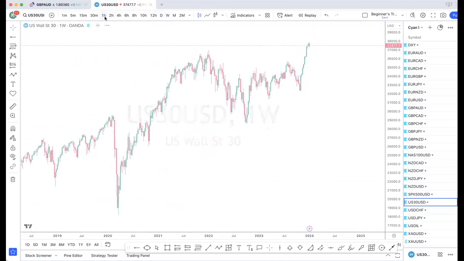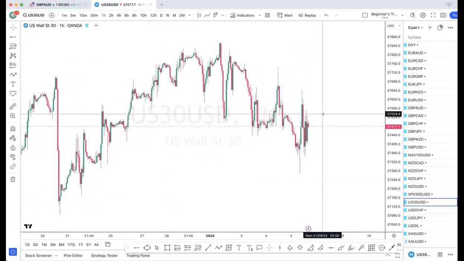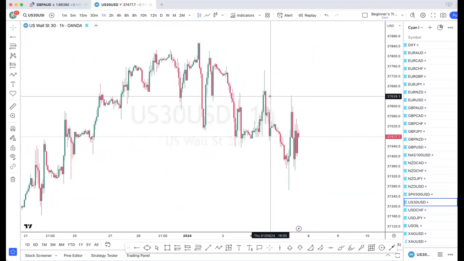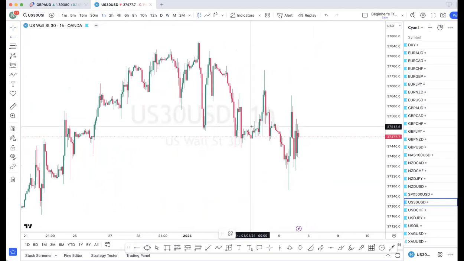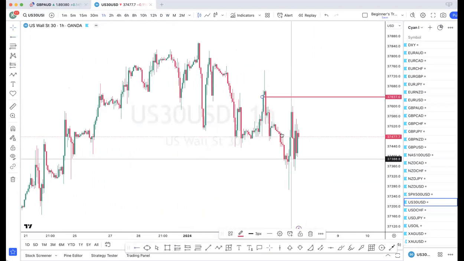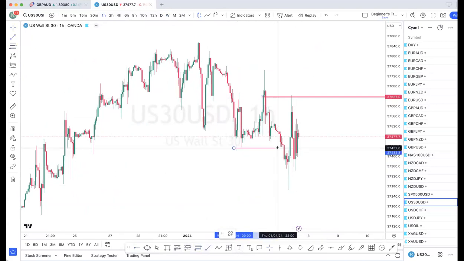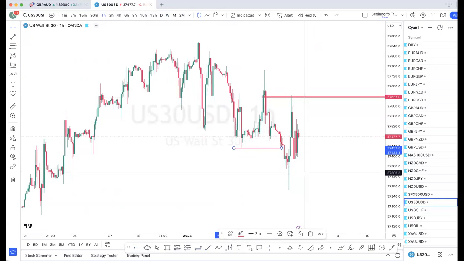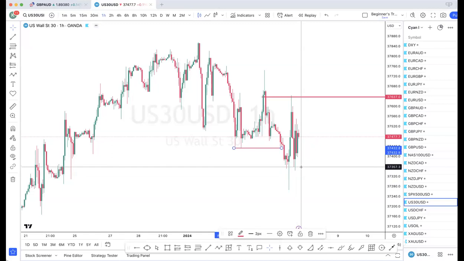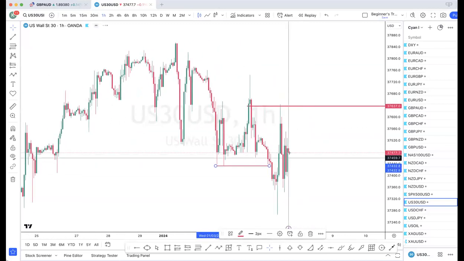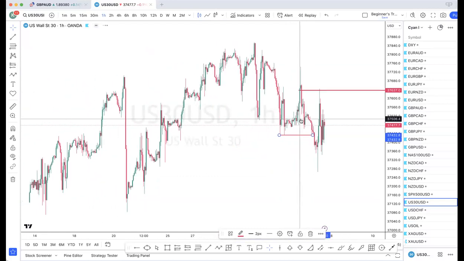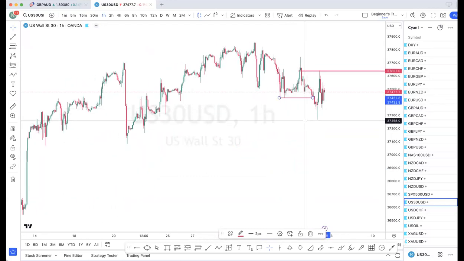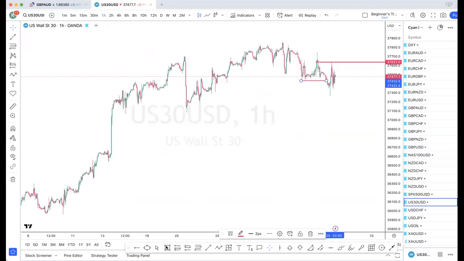I did catch the sell down. So from here, boom. Once price broke structure here, it pulled back to the order block, and then started selling. Now that it's meandering, I'm looking for price to come down.